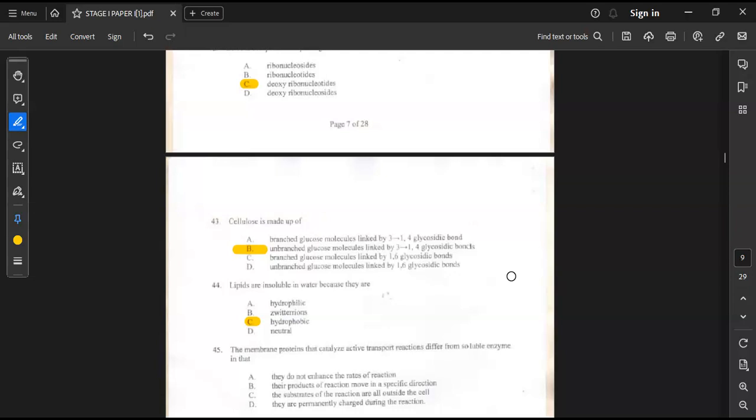On starch, what I know is that starch is made up of amylose and amylopectin, but amylopectin is the main part, constituting about 80% of starch. Amylopectin is where branching takes place, so it is the branched molecule.